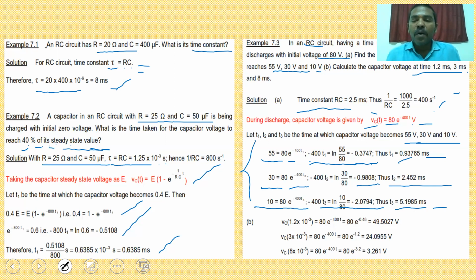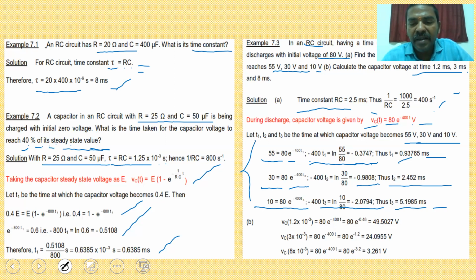Then the voltage drop across the capacitor we have to find at times of 1.2 milliseconds, 3 milliseconds and 8 milliseconds.